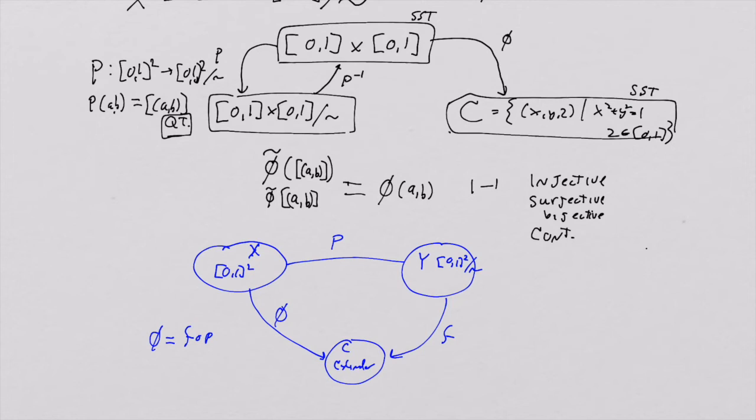And now what do we know? Well, we know that this is continuous and a quotient map, and we know that this is continuous. So by the theorem we just did, F is continuous if and only if this guy is continuous and this guy's a quotient map and continuous. So now we know, based on the structure we did before, that F is continuous.